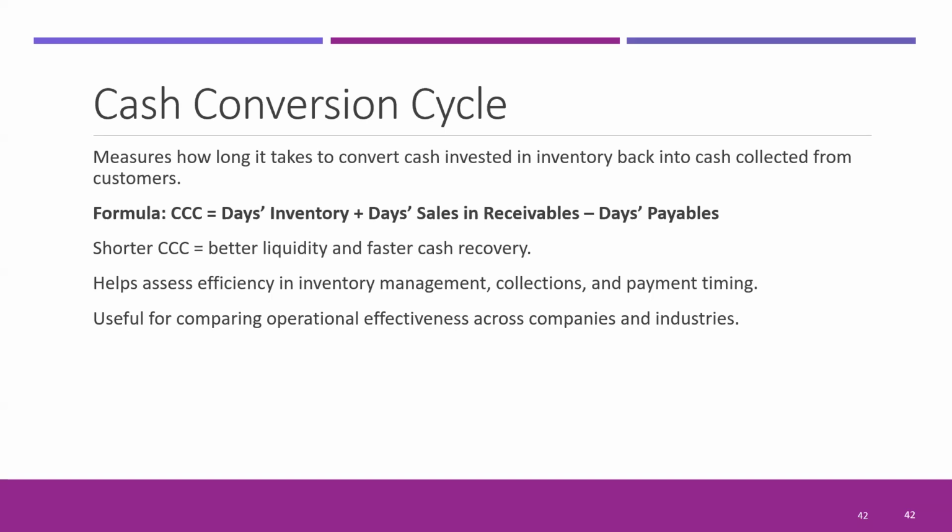I looked at the slides and this was not initially in the chapter, but this is such an important ratio, and it shows where the cash is being held up in the operating cycle. Companies that manage this really effectively can actually have a negative cash conversion cycle.